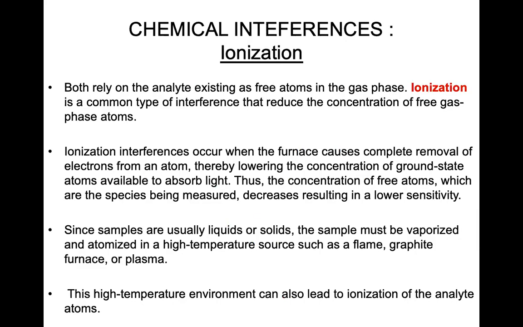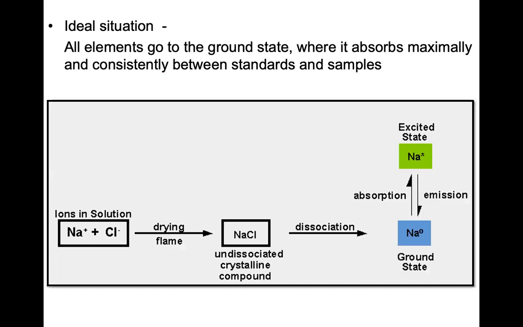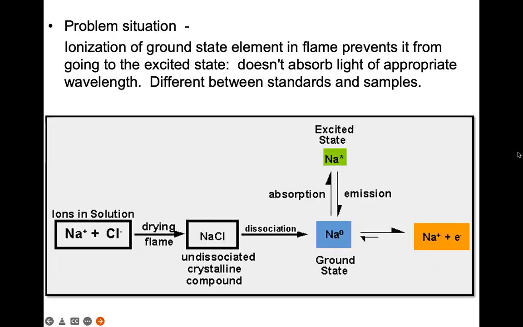And the other issue is ionization. Let me explain using this diagram. We remember that we have to do atomization, removing the anions. If you want to analyze sodium, we expect the sodium to go into an excited state but still in atomic form. But instead, sometimes we have ionic forms.